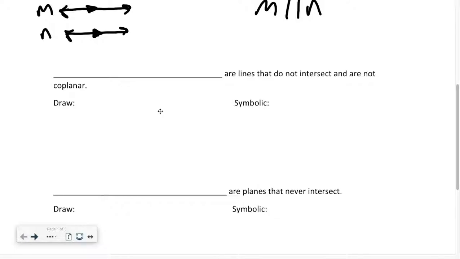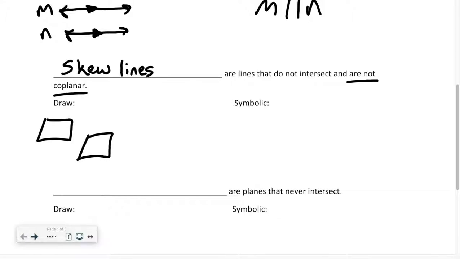Next definition are skew lines. Skew lines are lines that do not intersect and are not coplanar. So you can imagine having two separate planes here, and one line is, let's call this one line L, and the line K. All right, those lines, they will not intersect because they are not coplanar.